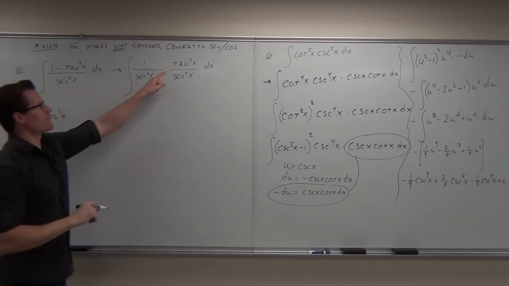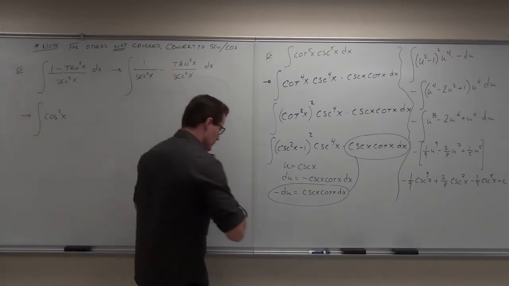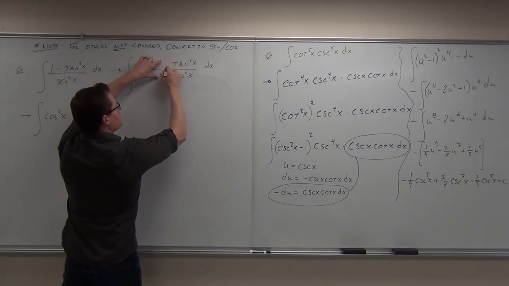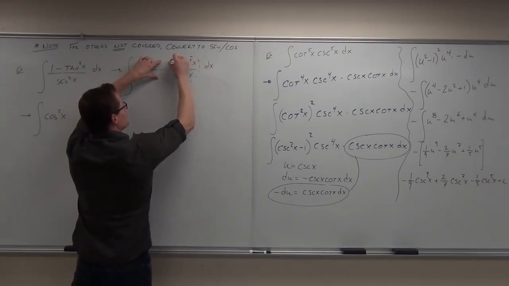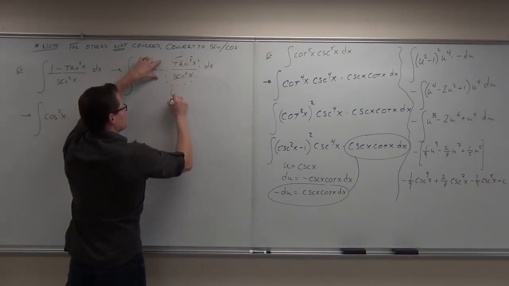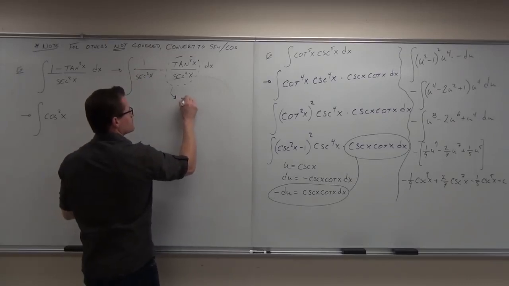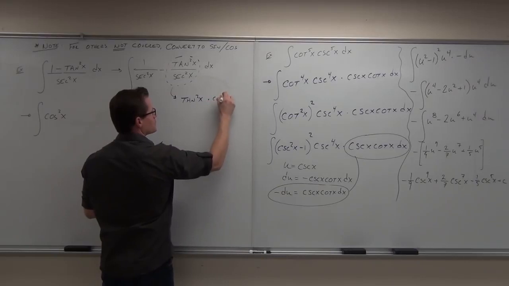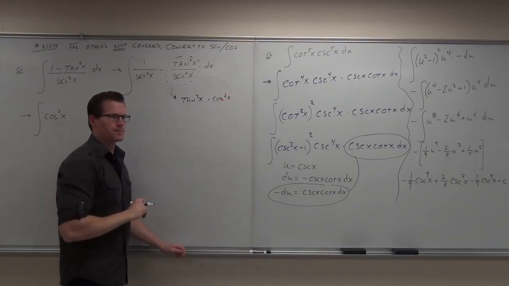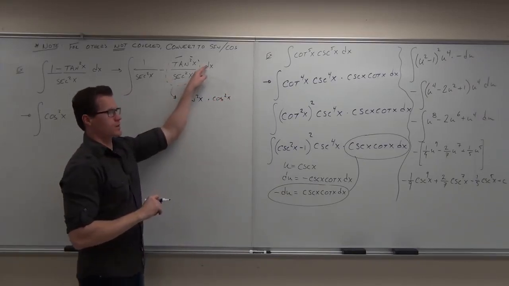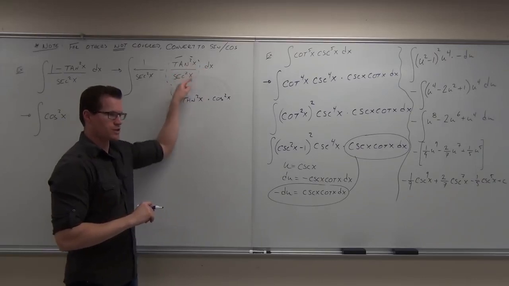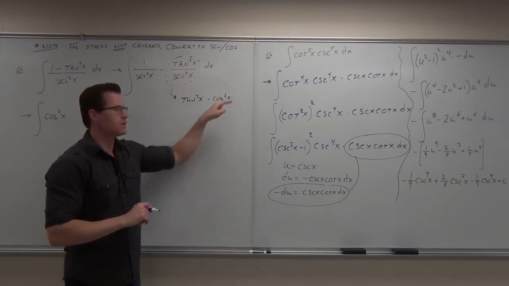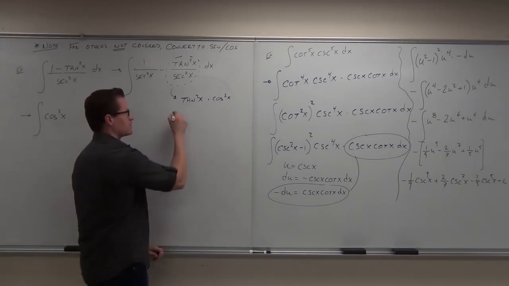And let's take a look at what this actually is. This is tan squared x times cosine squared x. Believe it? This is cosine squared x. That's what that is. So 1 over secant squared is cosine squared. Understood? Well, what's tangent? Sine over cosine.